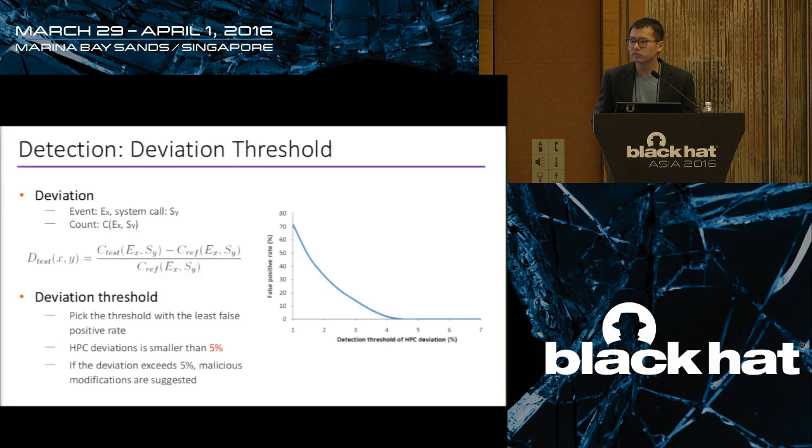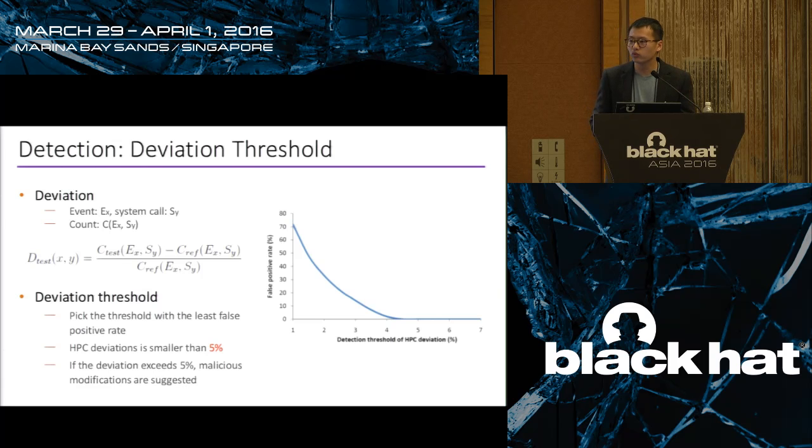And S_Y basically means a particular syscall. And the count C[E_X, S_Y] basically means, for that particular event and syscall combination, the counter value. Okay.